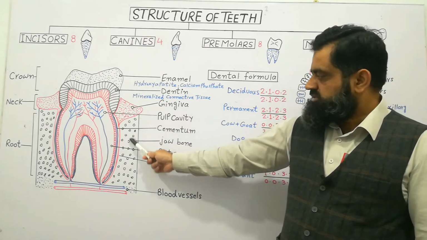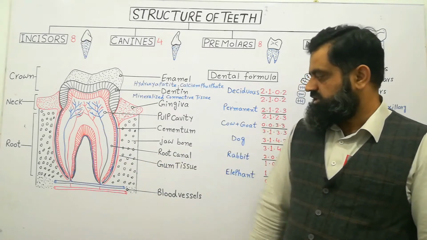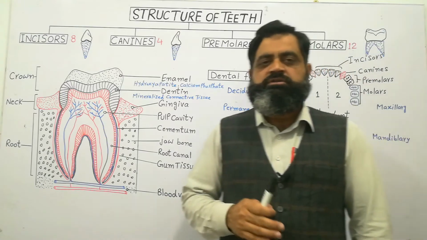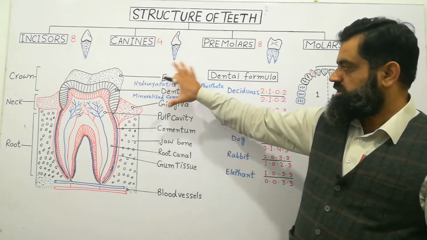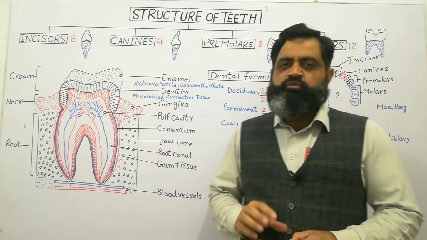And as you can see in the black, this is the jawbone. These are gum tissues in which our teeth are embedded, and at the bottom there are blood vessels which supply blood to our teeth.